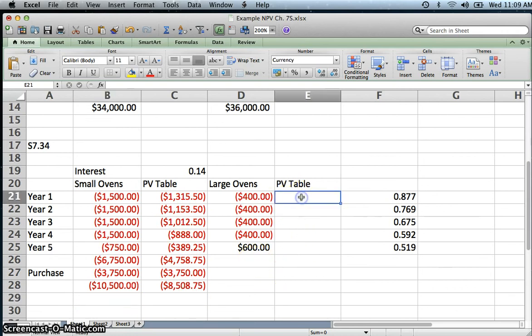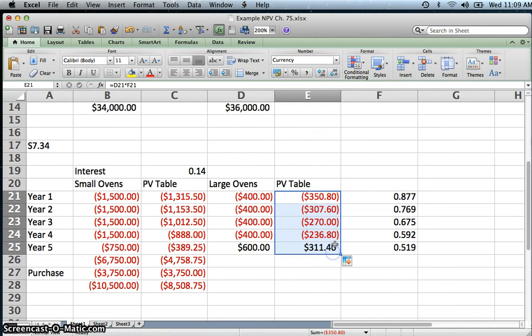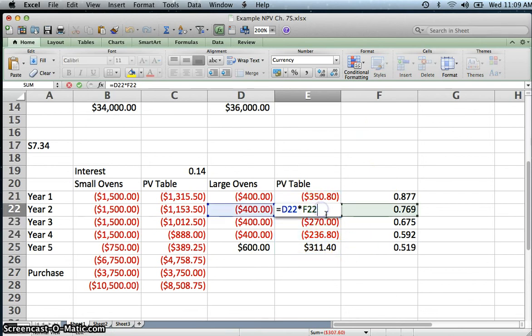Now let's do the same thing over here. So we're going to take these costs, the $400, and times it times the discount factor that we looked up on the table, and we will then copy that down. We'll make sure that it's doing it correctly. So let's double click on this one. Yeah, it took this amount and discounted by the appropriate one.